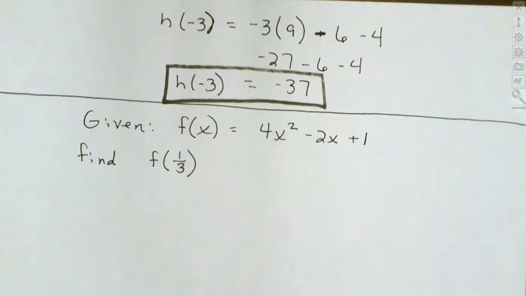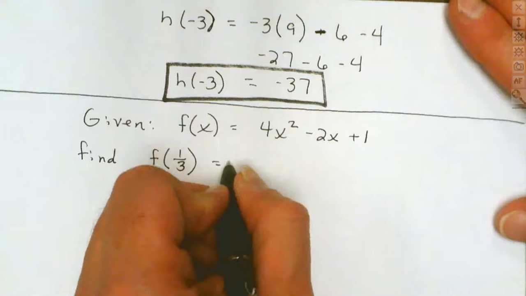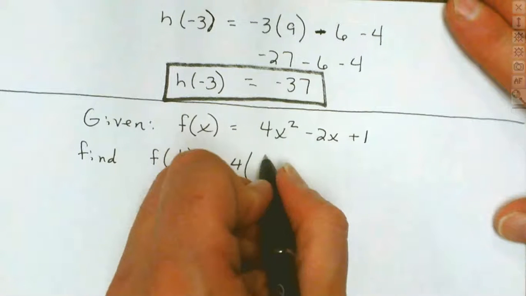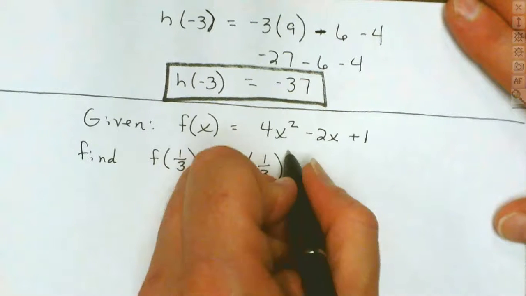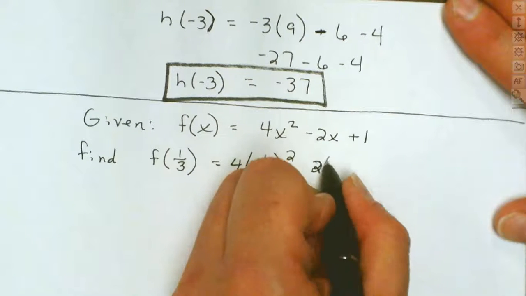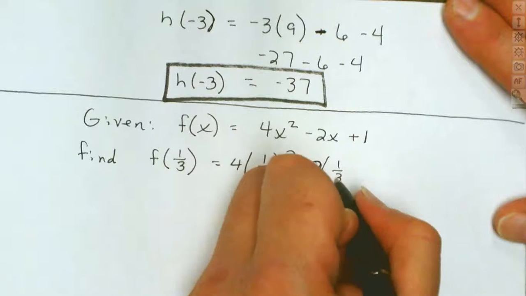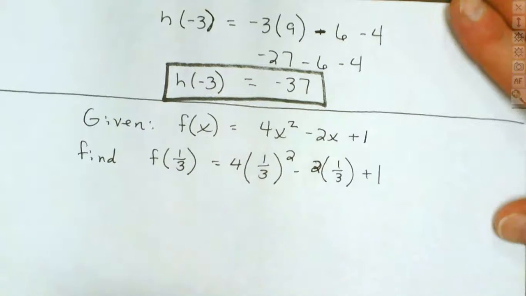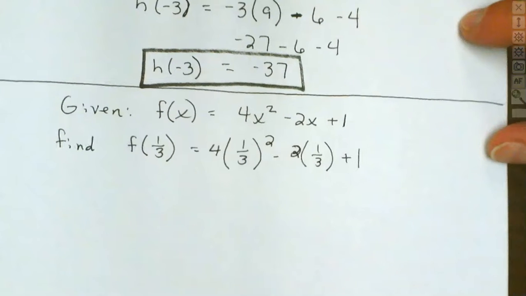So you're given that original function there, and I want you to find f of a third. So what are we going to do? We're going to replace that x everywhere with what? With a third. So that's all I did.